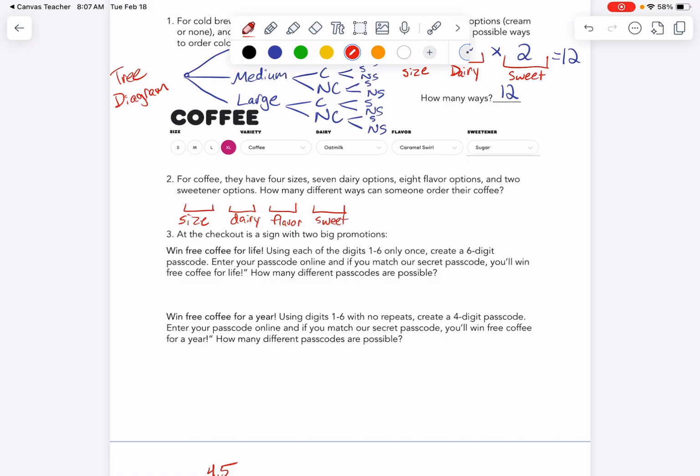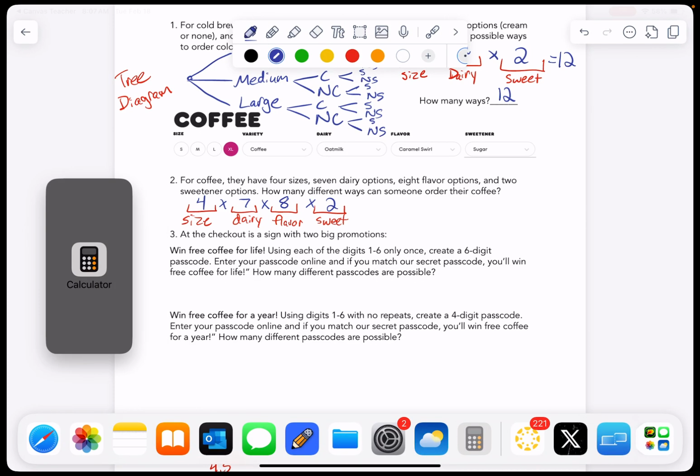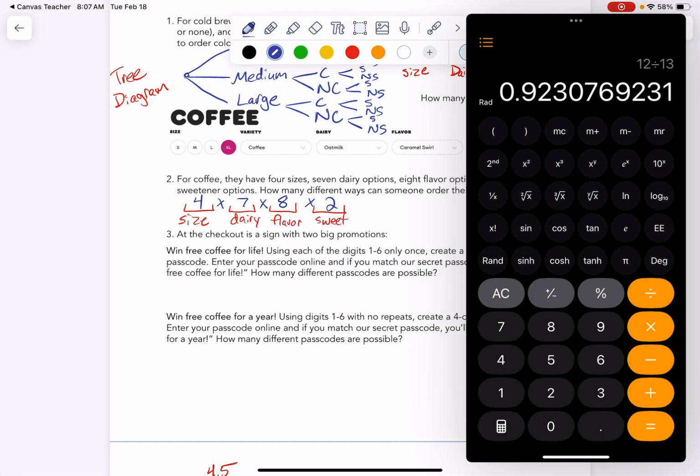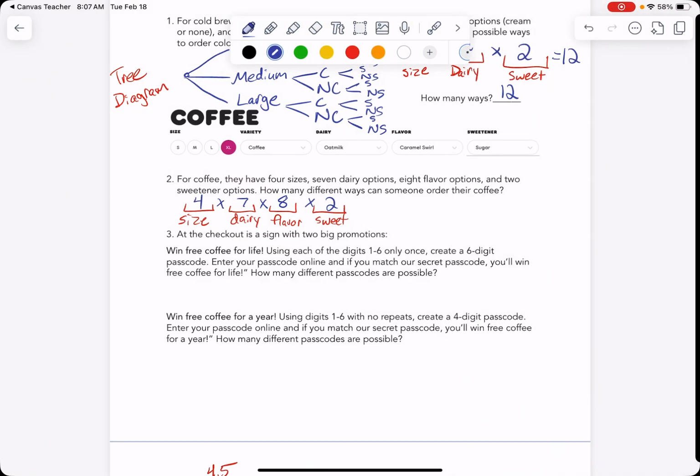We have 4 sizes, 7 dairy options, 8 flavor options, and 2 sweetener options. So if I multiply all those together, I will need my trusty calculator for this. 4 times 7 times 8 times 2 is 448 different ways to make a coffee.